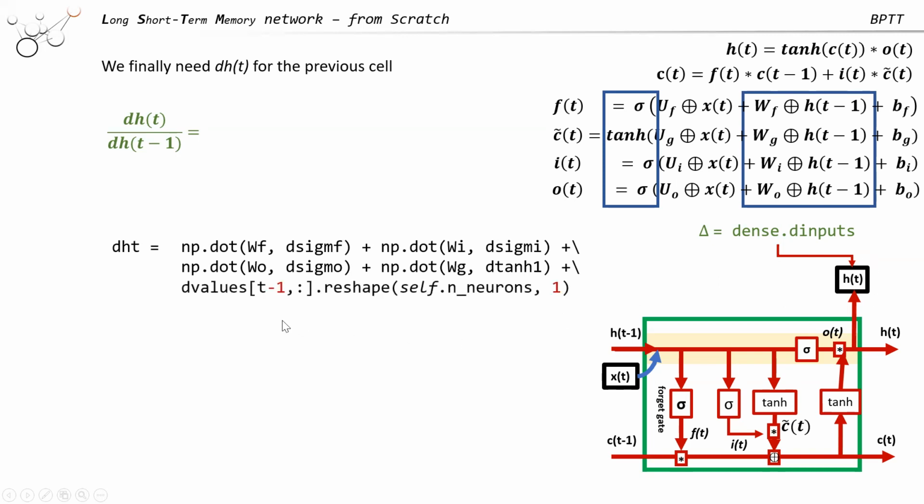Remember what the loss function was. So we do not have the direct output from the loss function. We get it from the dinputs from the dense layer, which will be the D value. So this is the outer derivative. So this is the direct information from the loss function, which also makes sense, of course, because in order to adjust the weights, we need, of course, the feedback from every delta y for every time point.